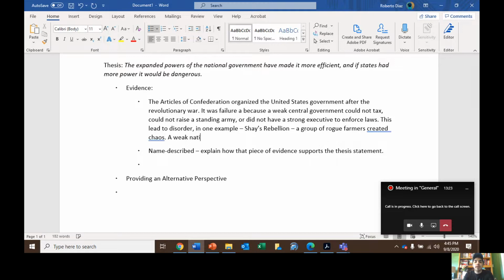A weak national government was unable to establish order.